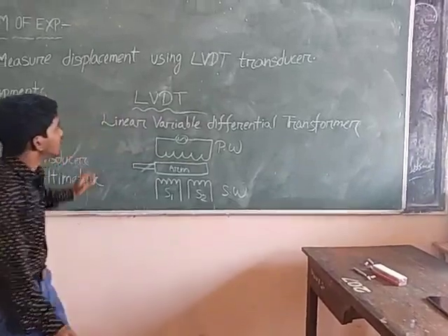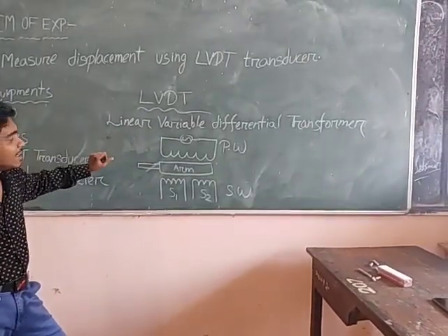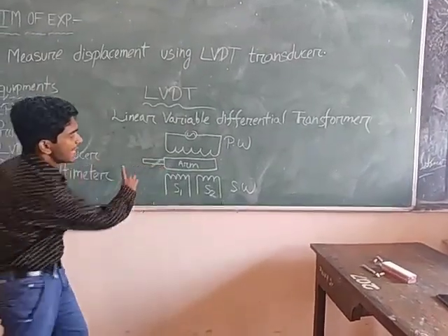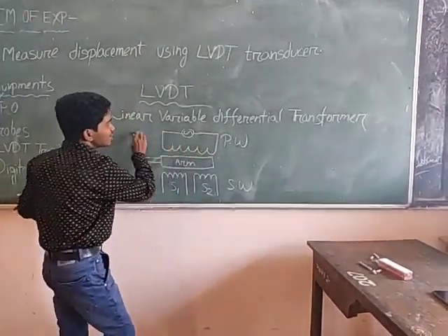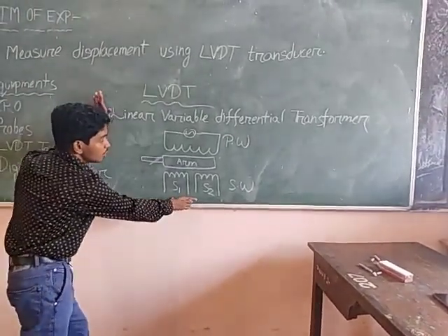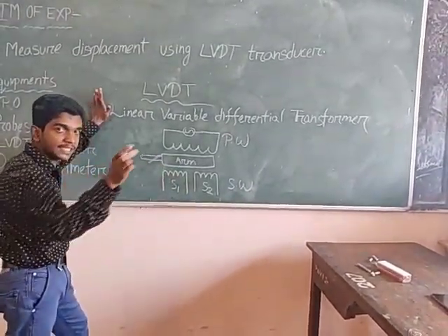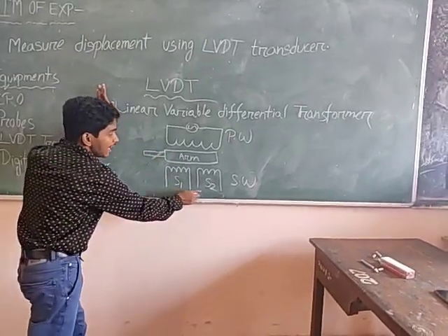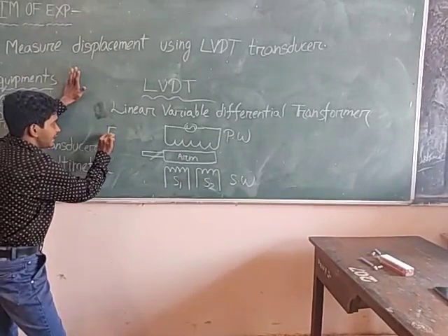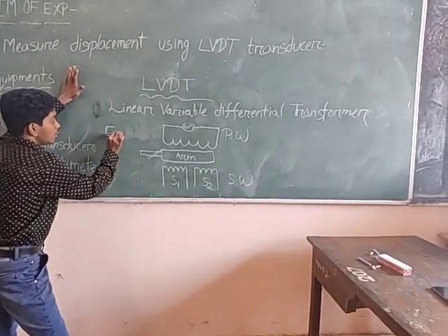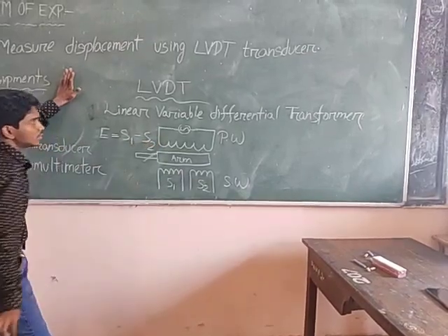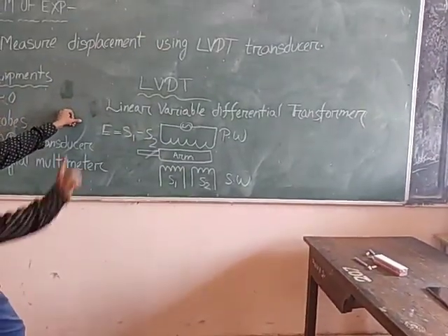Linear variable: the output varies linearly, so it is called linear variable. Differential: the output we get is the difference of S1 and S2. Suppose the total voltage is E, so E is equal to S1 minus S2. So this is called differential.